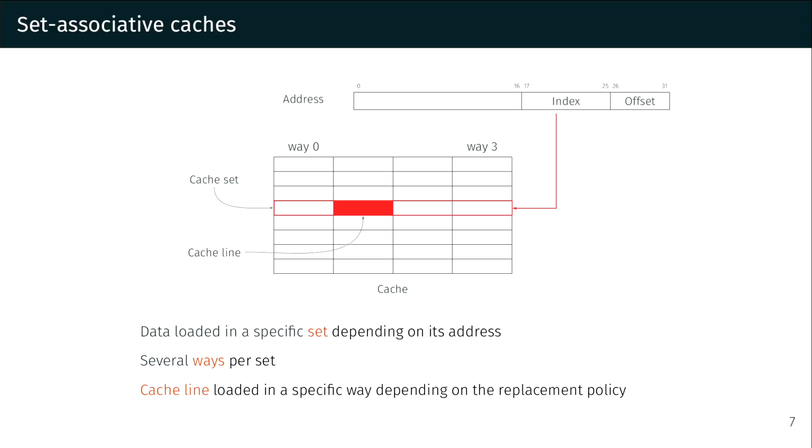The cache line is going to be loaded in a specific way, and that will only depend on the replacement policy and not on the address itself. When you load a line into the cache, usually the cache is already full, and you have to make room for a new line. This is what the replacement policy does. It says, okay, I'm going to remove this line to make room for the next line.